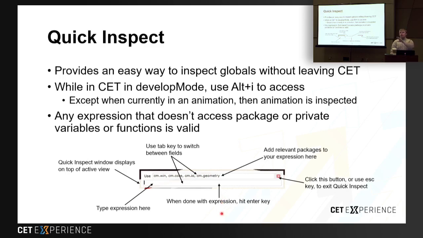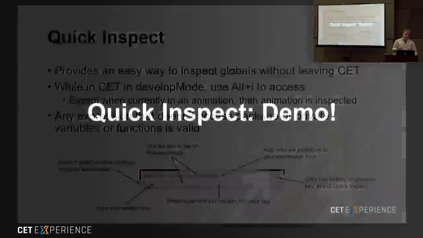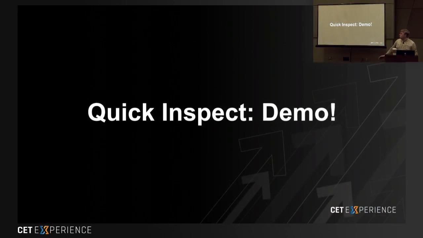And then it's going to pop up an inspector window that's inspecting whatever expression you just wrote. This one is much easier, I think, to show how it works than to have a bunch of slides that talk about it. But if anyone has questions on it before I show it, then I can take a question.